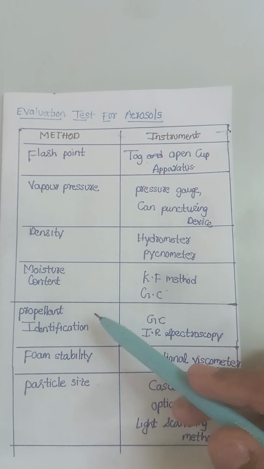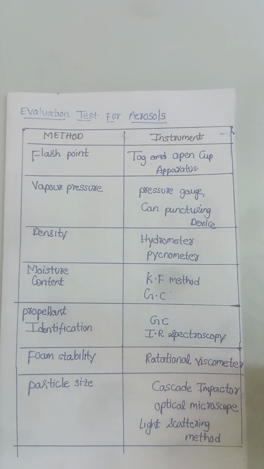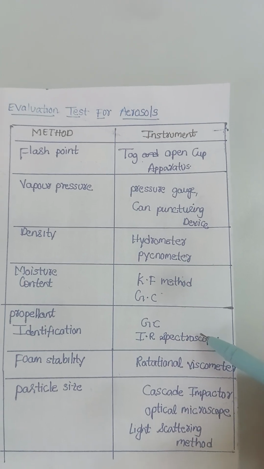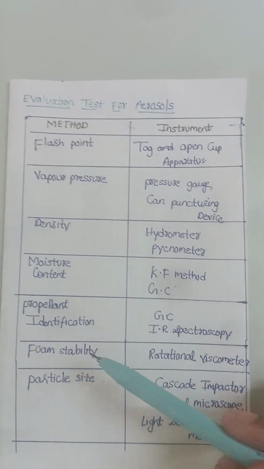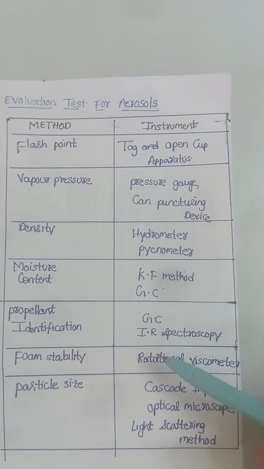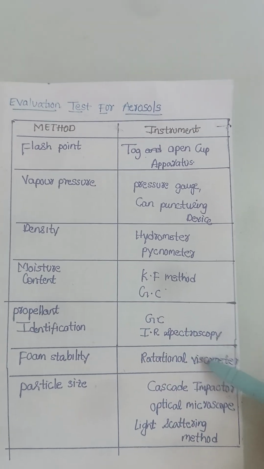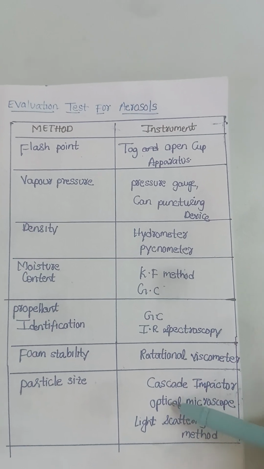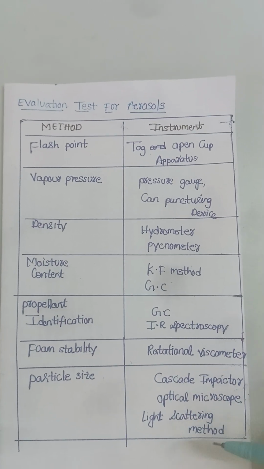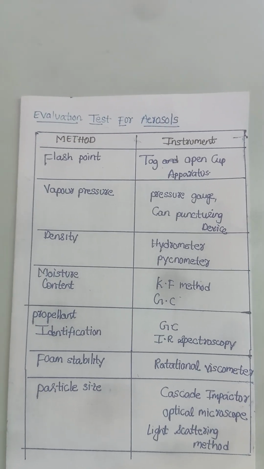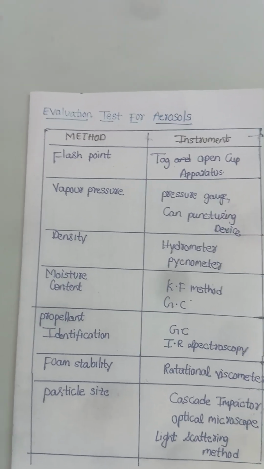For propellant identification, where the propellants are the gases, we use gas chromatography or IR spectroscopy to identify the functional groups. The foam stability is tested using a rotational viscometer, and the particle size by cascade impactor, optical microscope or light scattering method. So these are the different methods and instruments which help to evaluate your aerosols.